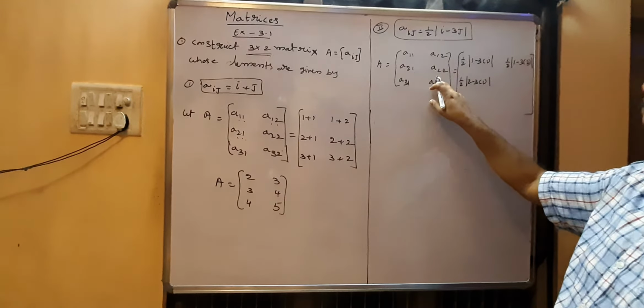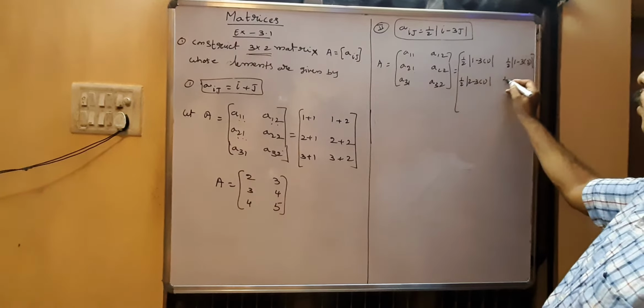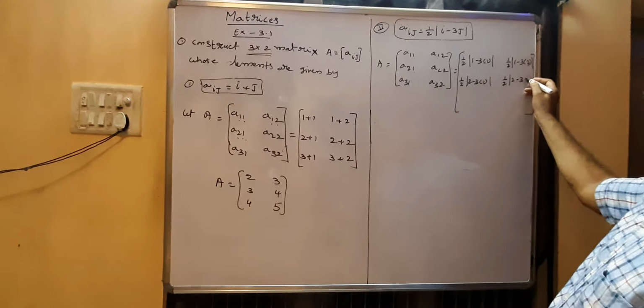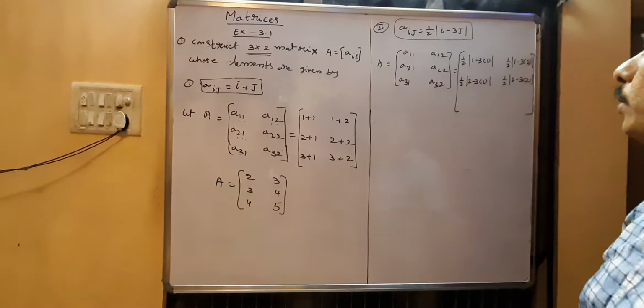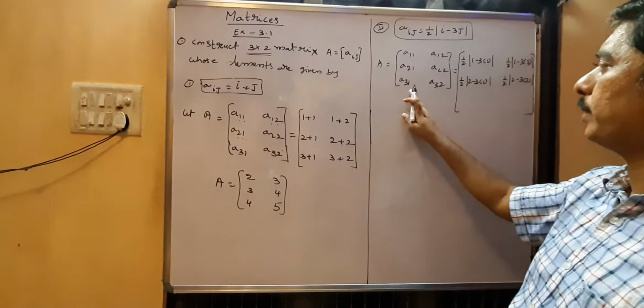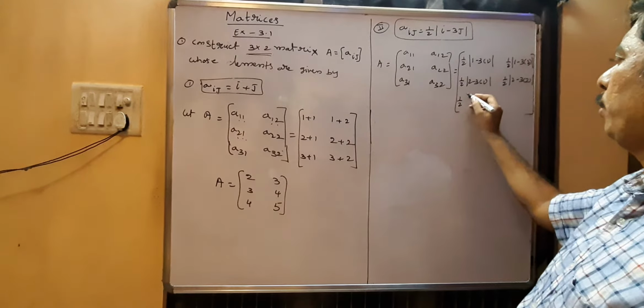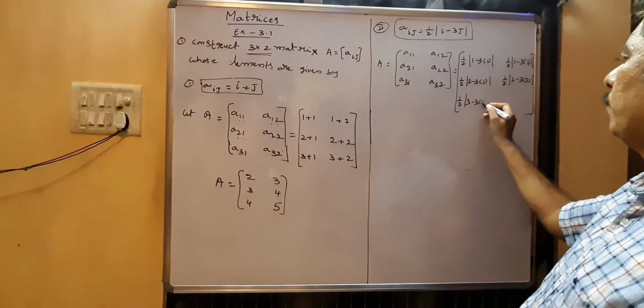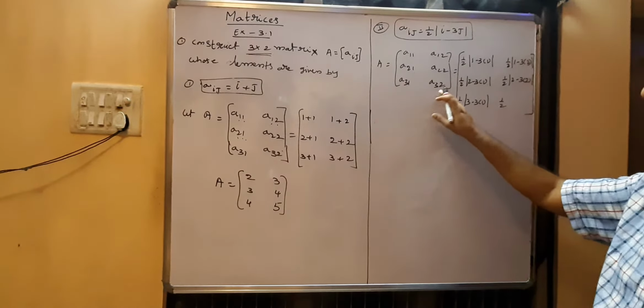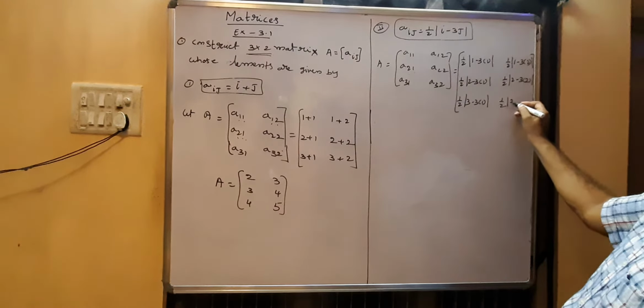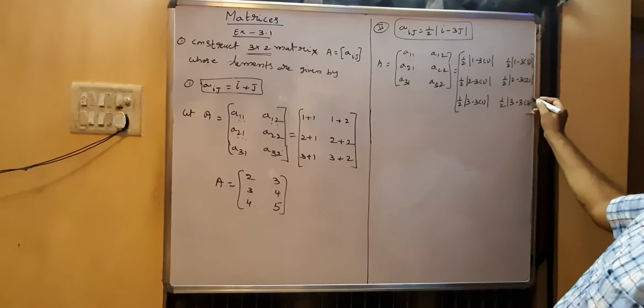A22: in place of i is 2, in place of j is 2: 1 by 2 into mod of 2 minus 3 into 2. A31: in place of i is 3, in place of j is 1: 1 by 2 into mod of 3 minus 3 into 1. A32: in place of i is 3, in place of j is 2: mod of 3 minus 3 into 2.